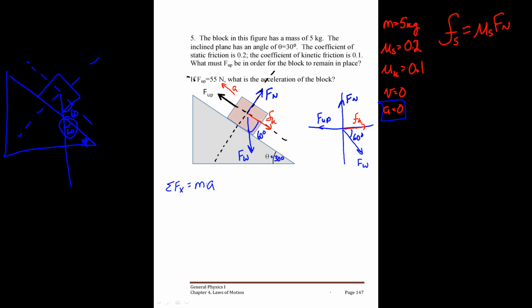So if I add up these forces, I get Fk plus Fw cosine 60 minus F up equals mass times acceleration.